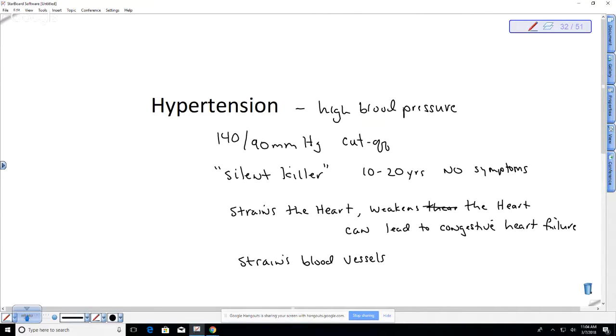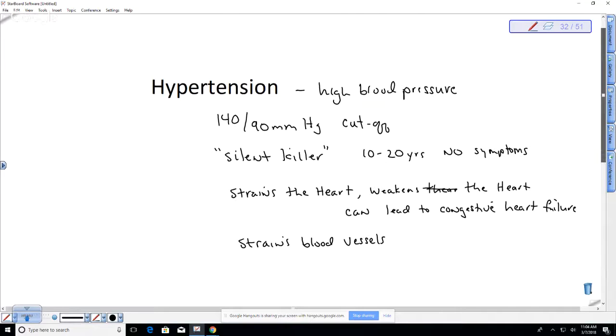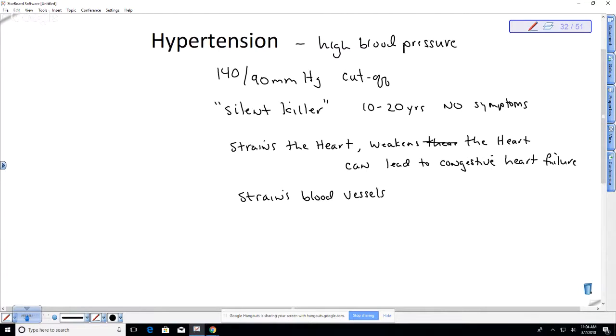Right, so from this, you could have a blood vessel rupturing and causing blood to move out into the tissues. And if this is in the brain, this is called a cerebral aneurysm.